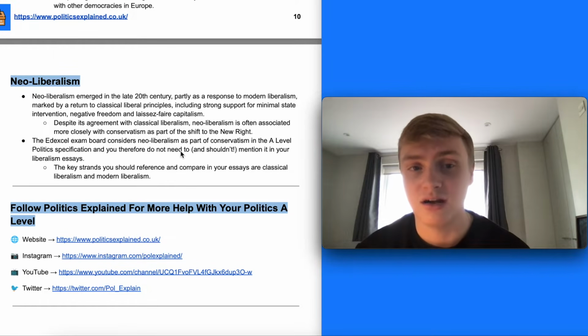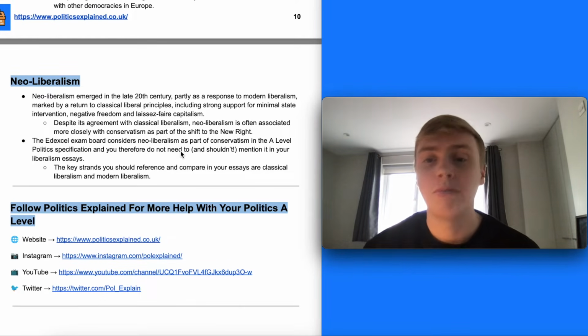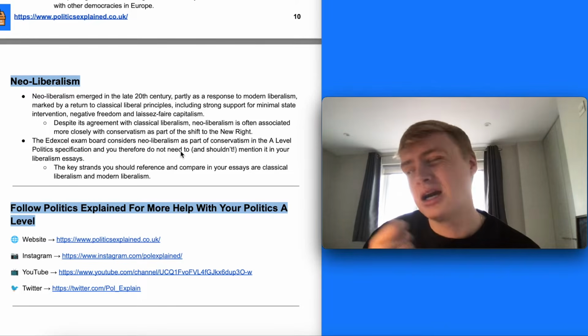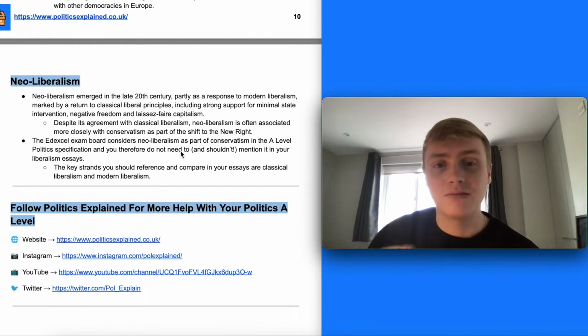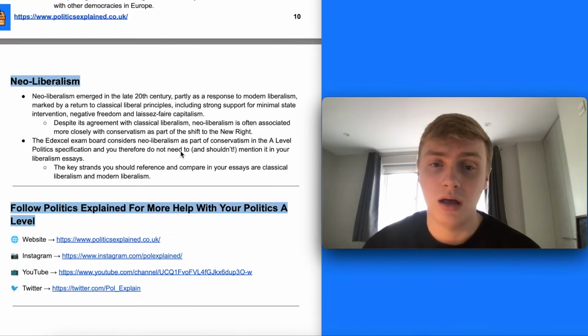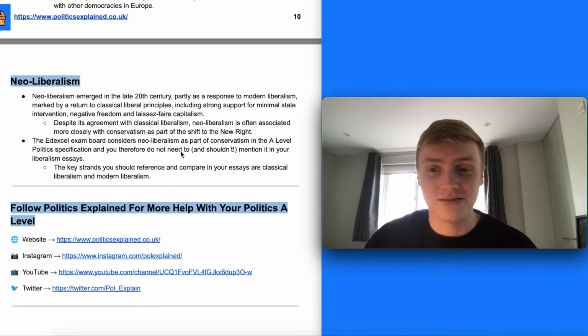But despite this agreement with classical liberalism, the exam board really considers it part of conservatism, because it came up on the right, effectively, with Thatcher and Reagan as part of the new right when combined with neoconservatism. So I thought I'd just explain it quickly, but say, don't bring it into your essays.